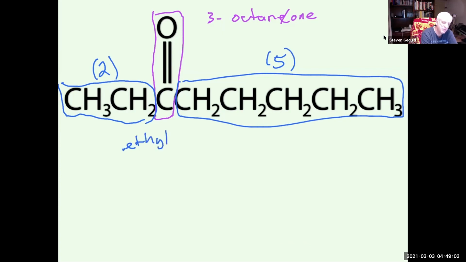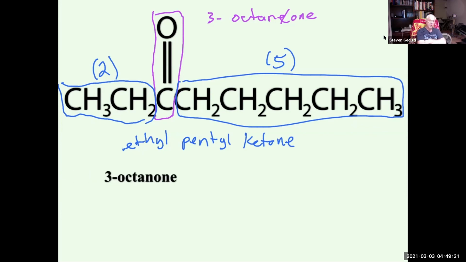Second one is 5 carbons. 5 carbon is pentyl. And this is a ketone. So this is 3-octanone, which is your IUPAC name, or ethyl pentyl ketone, which is the common name.